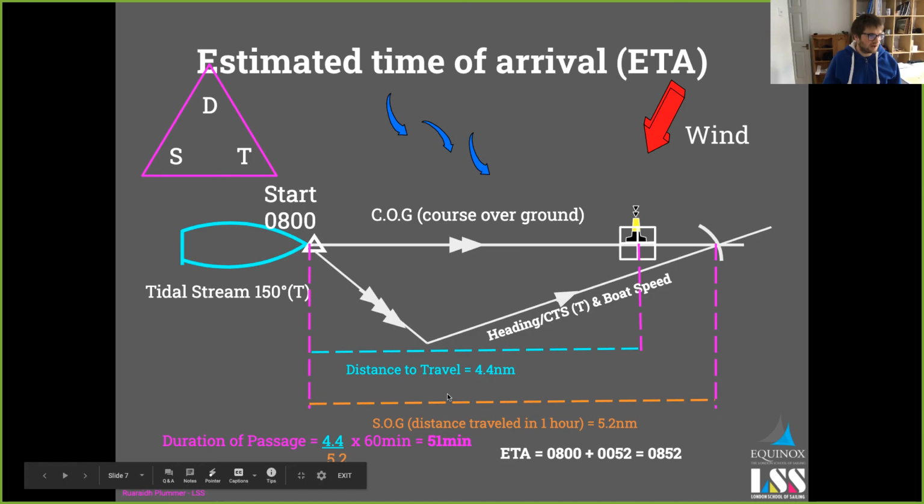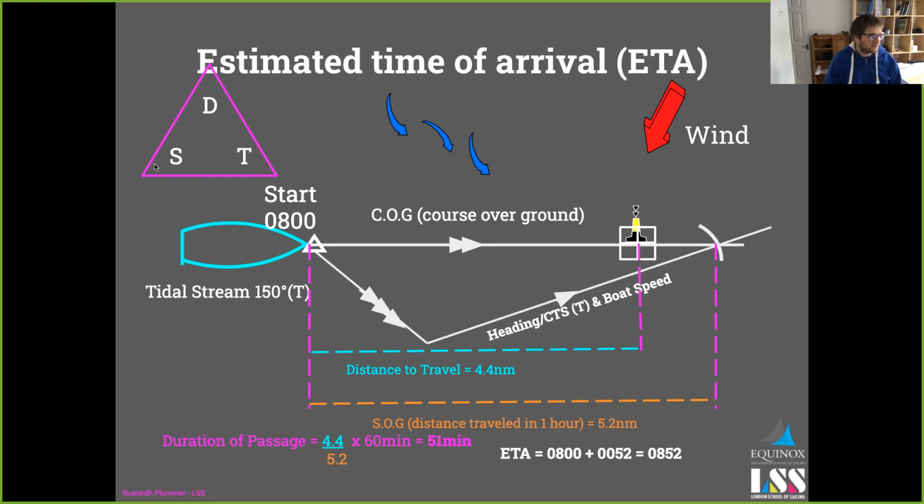When it comes to working out how long it's going to take you to get there, your boat speed doesn't matter anymore, because what matters is your resultant speed using the tide and boat speed, which is our speed over ground. So we can work out our ETA. Speed equals distance over time, so time equals distance over speed.